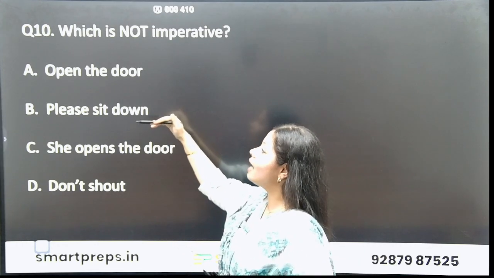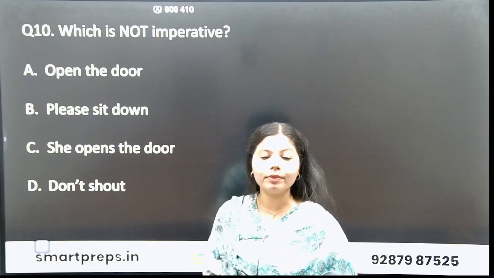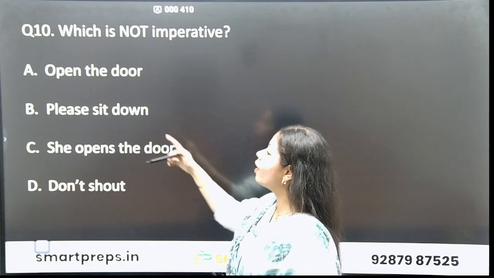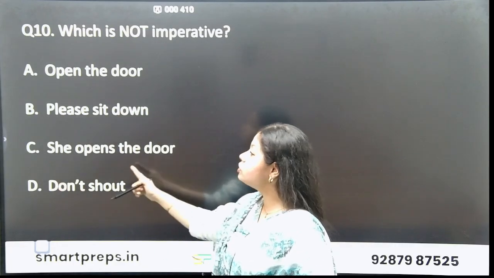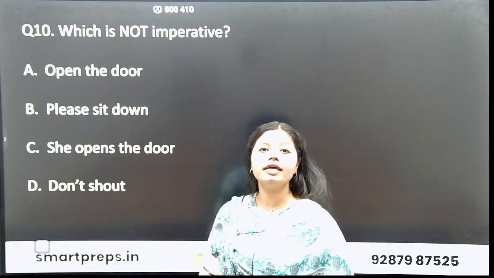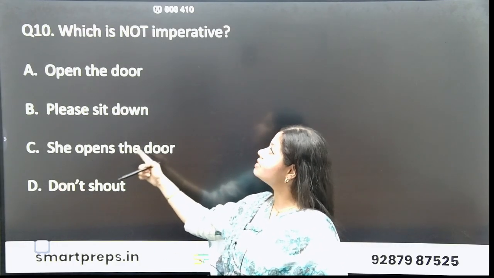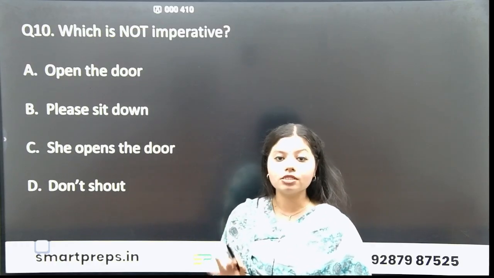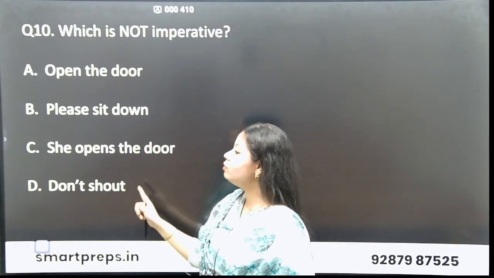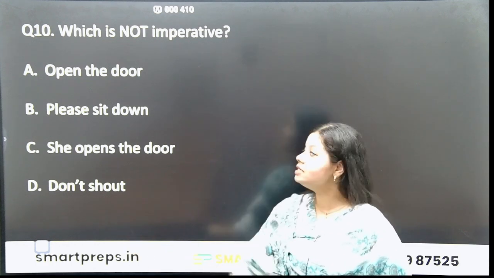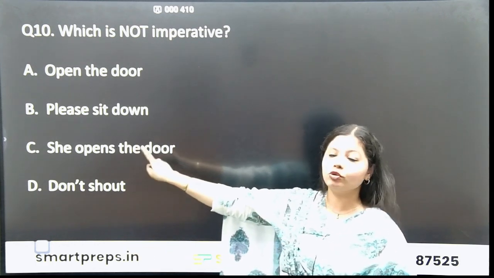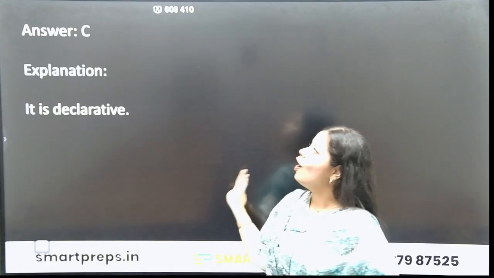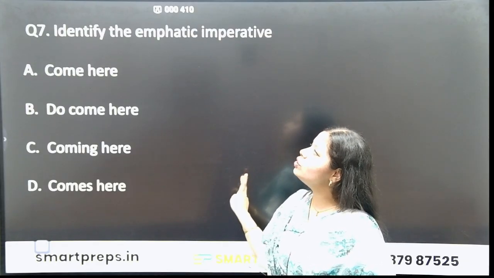Please sit down, we are requesting something with a polite tone. She opens the door has a subject, so it becomes a declarative sentence. So this is the correct answer. Don't shout is also an imperative sentence. Only this sentence is declarative. So the answer will be C.